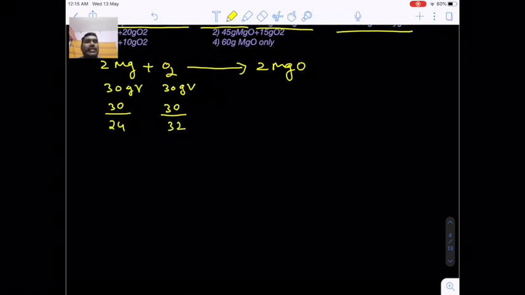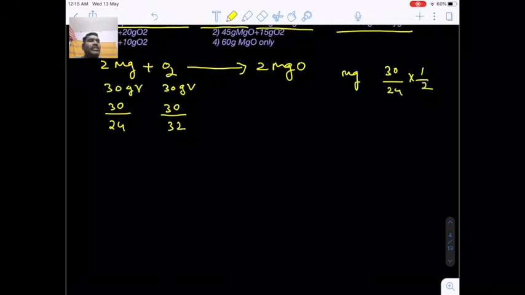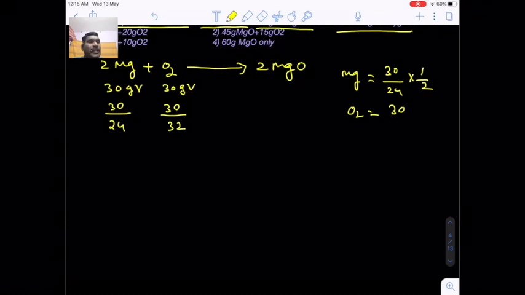Now here 30 by 24 divided by 2, because of the stoichiometric coefficient: the number of moles of Mg by the stoichiometric coefficient, and for oxygen, the number of moles of oxygen by its stoichiometric coefficient.